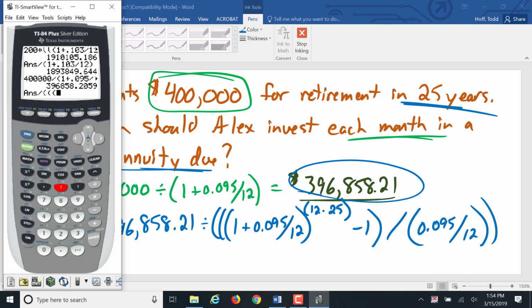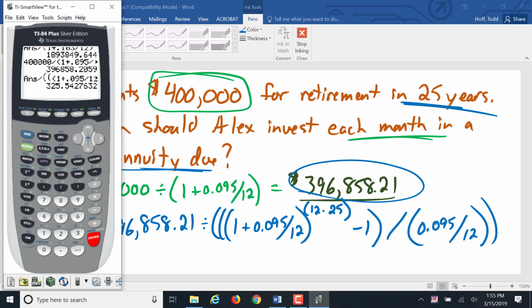So divided by, open parentheses, 1 plus 0.095 divided by 12, close parentheses, to the power of, in my parentheses here, 12 times 25 for my exponent. I arrow to get out of it, minus 1, close parentheses, divided by, open parentheses, 0.095 divided by 12. Close and close.